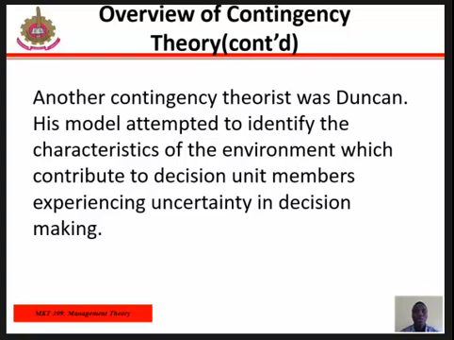He submits that the structure and the behavior of the particular organizational unit or subsystem is a function of the following: 1. What happens within the unit. 2. What happens within the external unit of the organization. And 3. What happens within the internal unit of the organization.